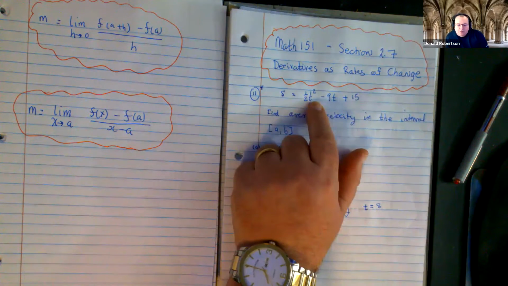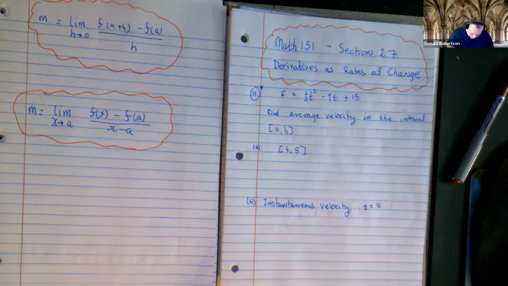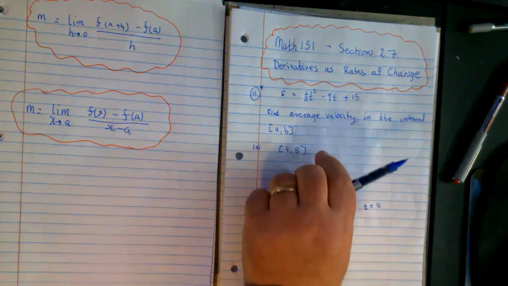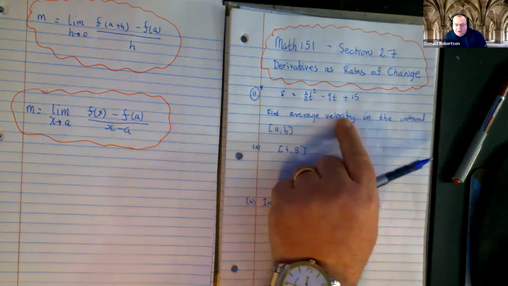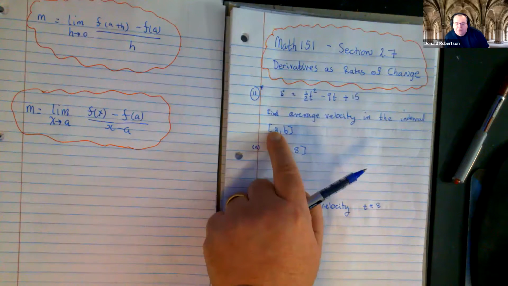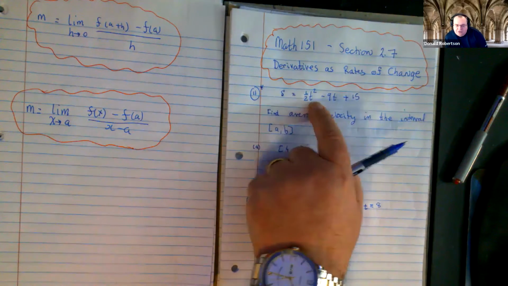Now over here, the first question I want to deal with is an application, a bit like yesterday we started with applications. This one is asking us to find the average velocity in this interval, let's say from 4 to 8. So I'm just generalizing it from A to B. S is the position and T is time.